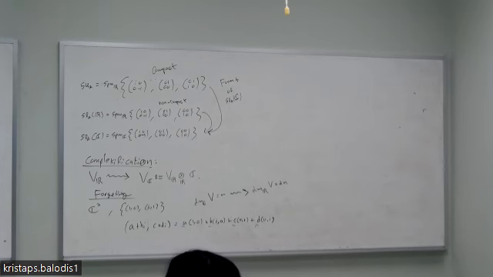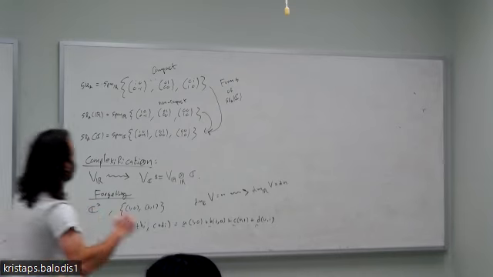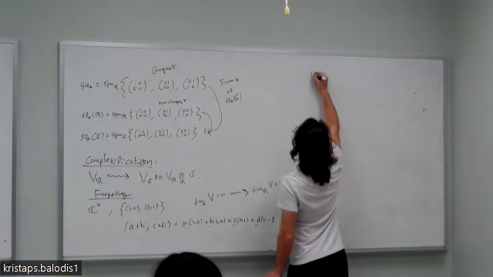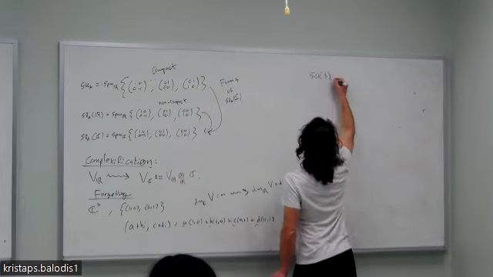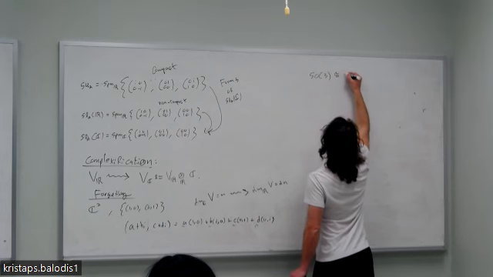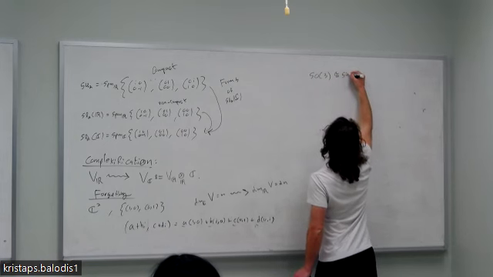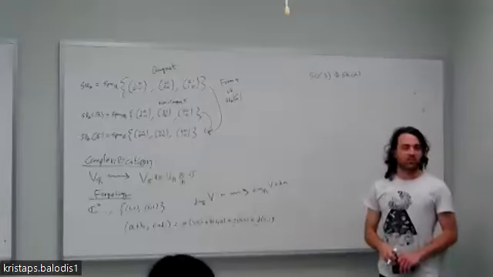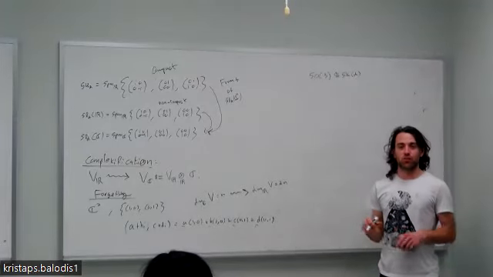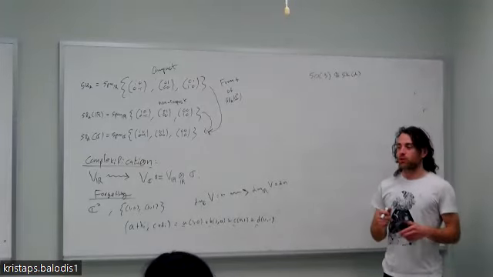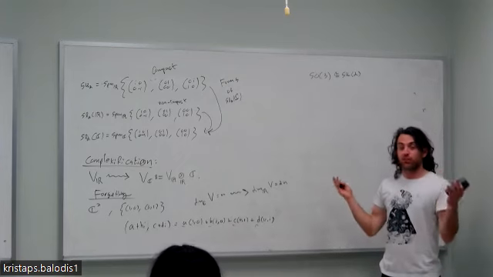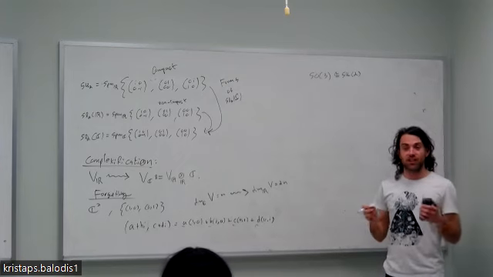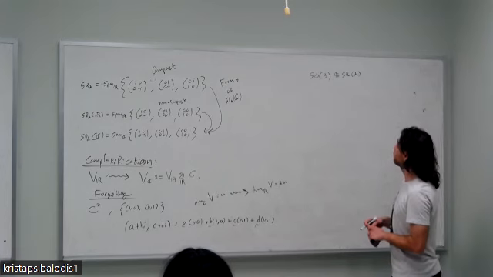One other thing I wanted to mention is that there's another Lie algebra called SO3, which happens to be isomorphic to SU2. It's an important accidental isomorphism, as we sometimes call it, which is actually relevant to physics and to different phenomena in physics.